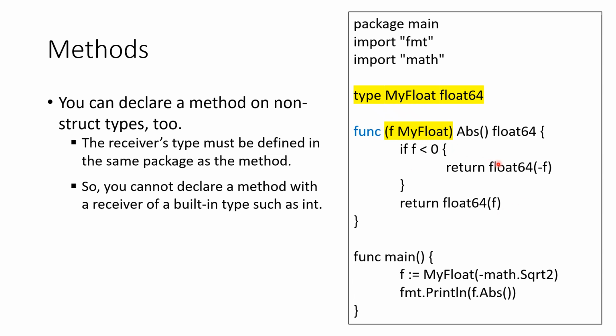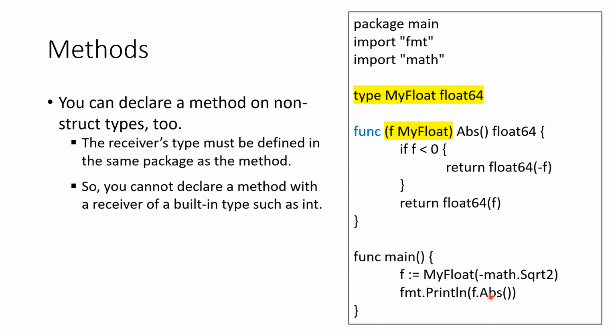In the body of the method Abs, it returns a float64 value that is converted from negative f or the value f, where f is the receiver. And so negative f or f has a value of type MyFloat, which is the same as float64, so it can be converted to float64.